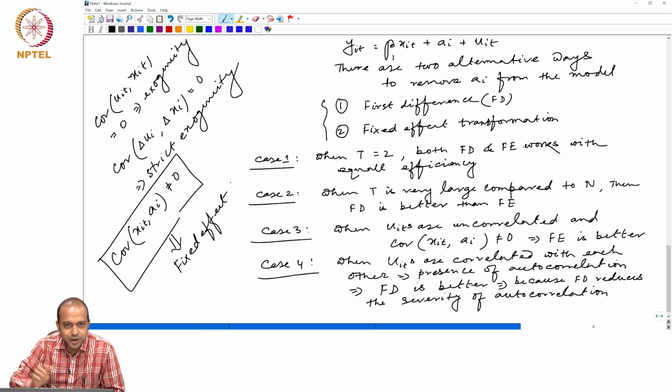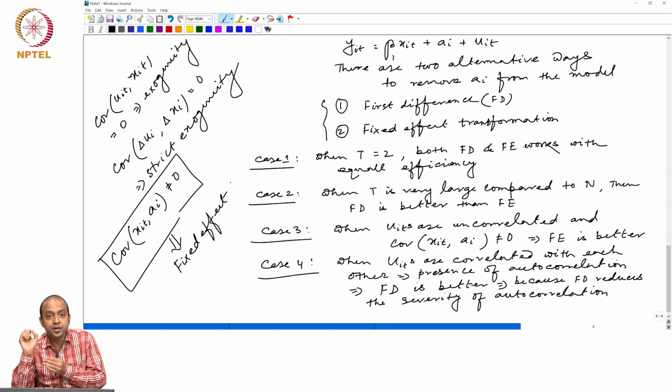That is why, to solve endogeneity, we remove it. So, the endogeneity problem is not there. When the endogeneity problem is not there, why do you take the fixed effect transformation? In a situation where there is a significant AI that is uncorrelated with XIT, we are in a dilemma whether to remove AI or not to remove AI.